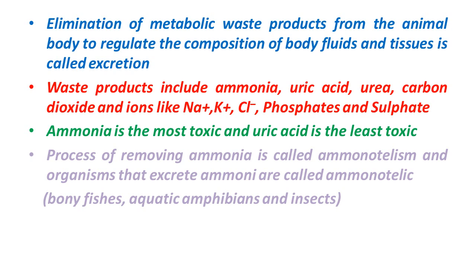Animals like bony fishes, aquatic amphibia and aquatic insects, where water is available in sufficient amount for its removal, show this type of system where ammonia is excreted as the nitrogenous waste. The mechanism is known as ammonotelism, and the animals are known as ammonotelic animals.